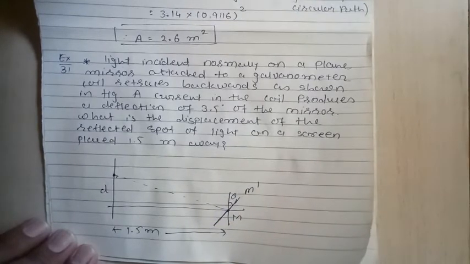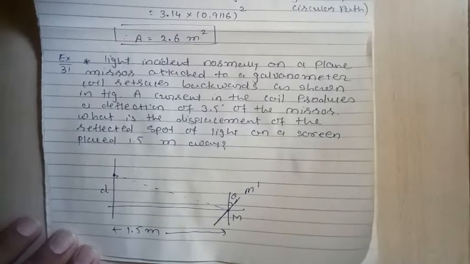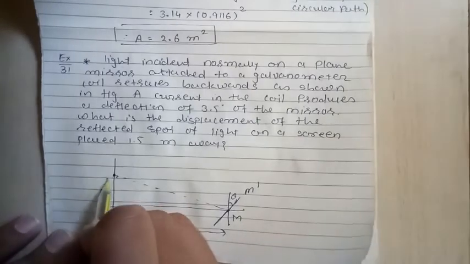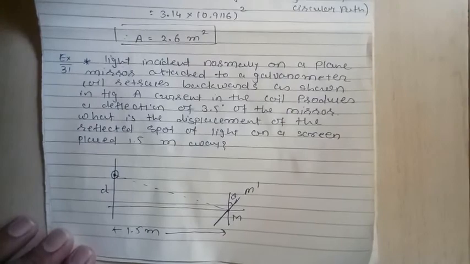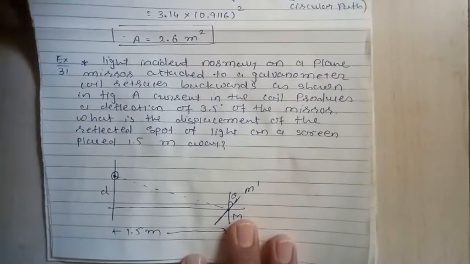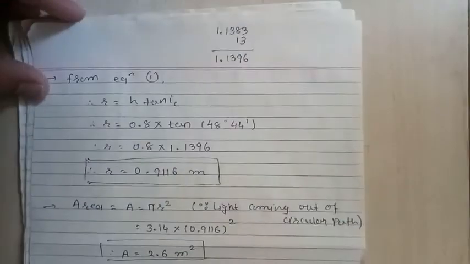Then the reflected ray will be rotated by an angle 2 theta. So here this is the angle which is 2 theta. Hence the reflected point will be obtained at some point right here. So here I redraw the figure like this.